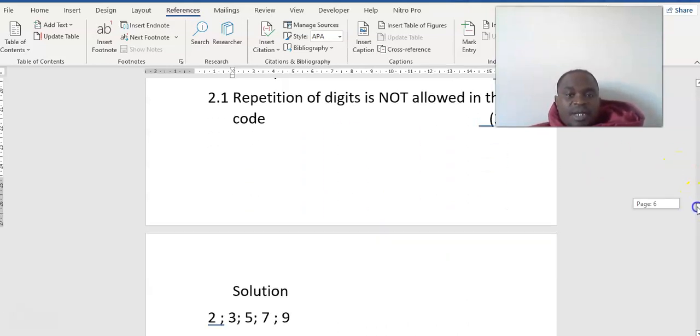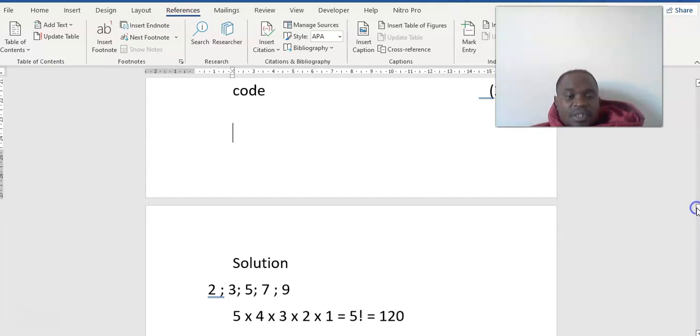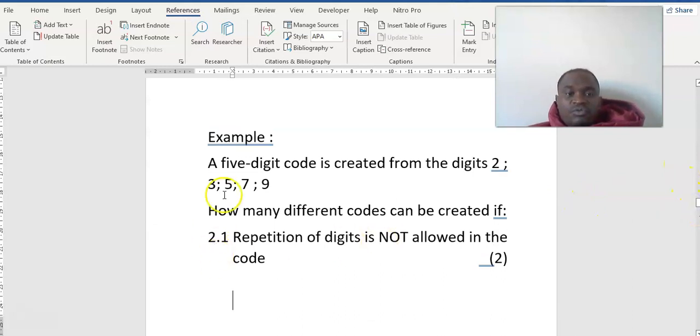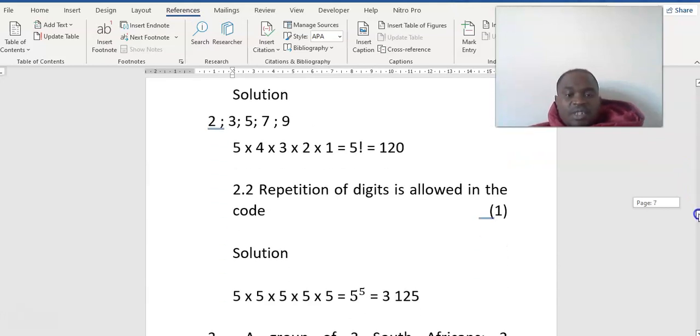If we can't repeat the digit, I've written the digit here. So if you use it in the first space, you can't use it in the second space. So how many digit code are we creating? 5. 1, 2, 3, 4, 5. It was said in the question. Let me show you. 5 digit code. So here, what are you going to do?